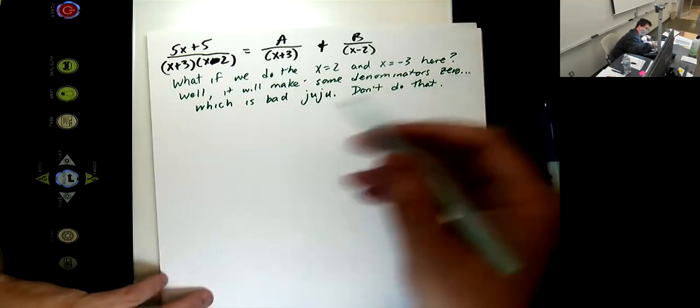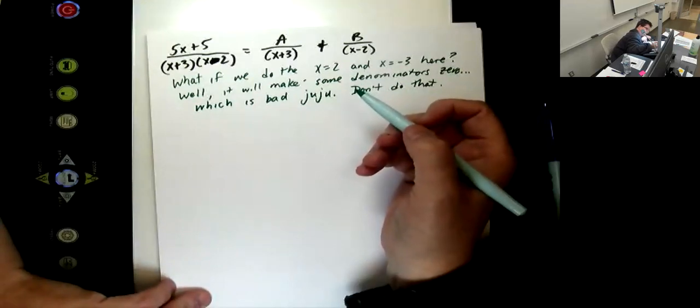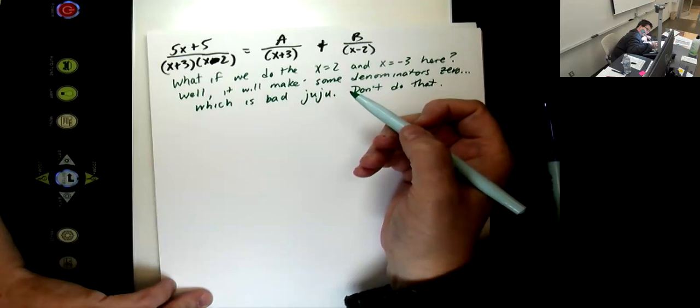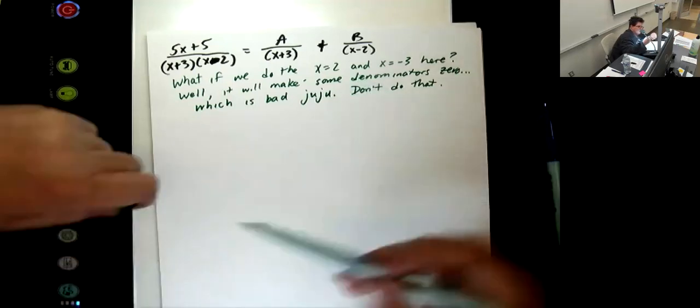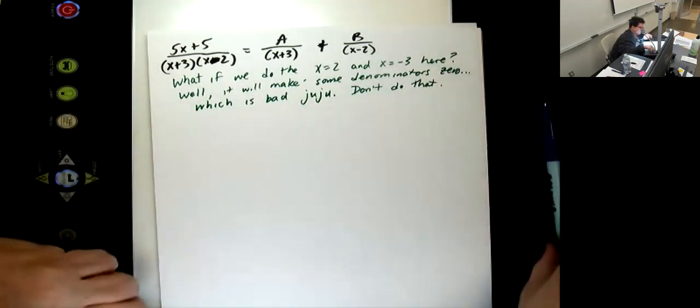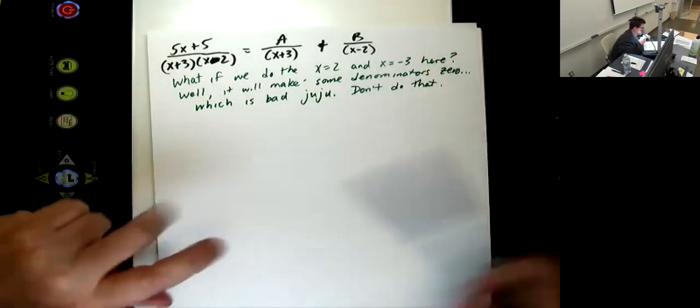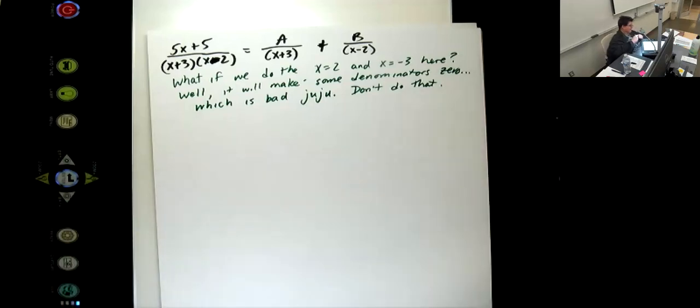I guess you still have to get the common denominator. There's no dodge in that. You still have to at least put them together. So you can only go back so far.